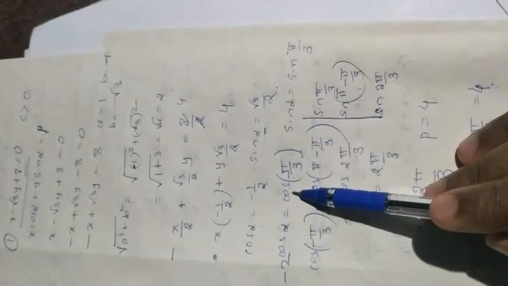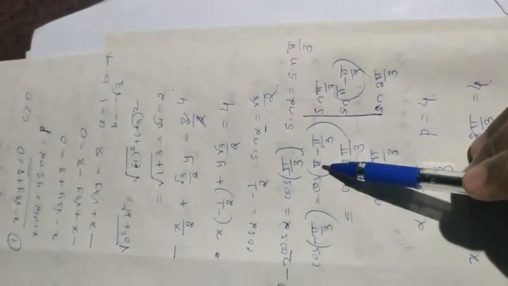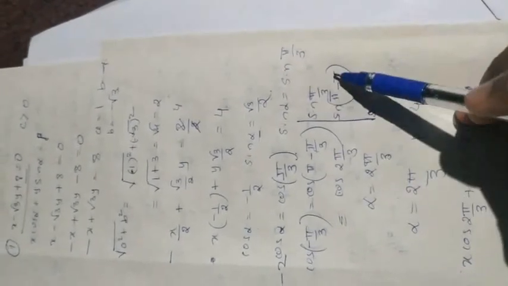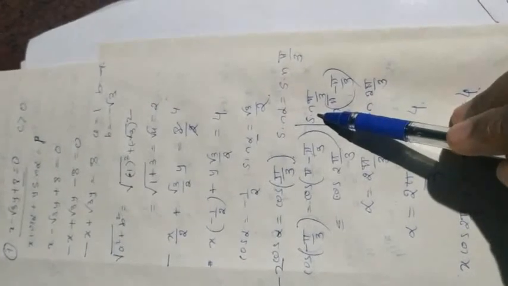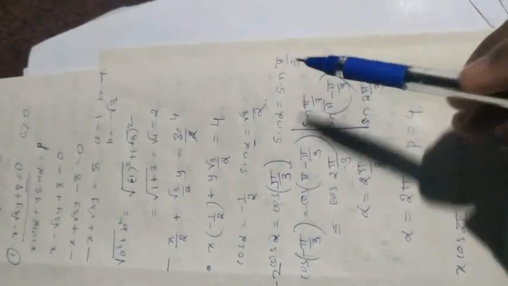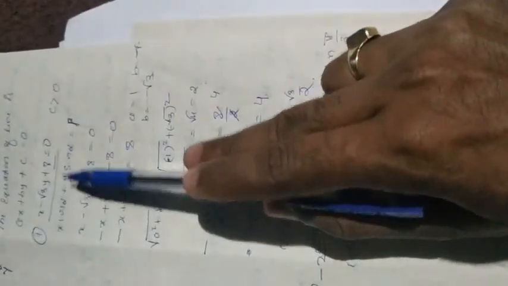The second quadrant and the third quadrant. Even though you can write it as pi plus also, here you can't apply pi plus because sine is negative in the third quadrant. Both should be positive only. In that way we have to convert, because the alpha should be the same for cos alpha and sin alpha.